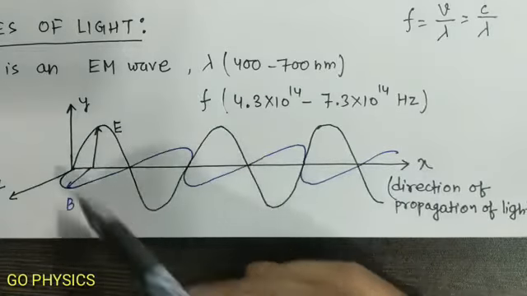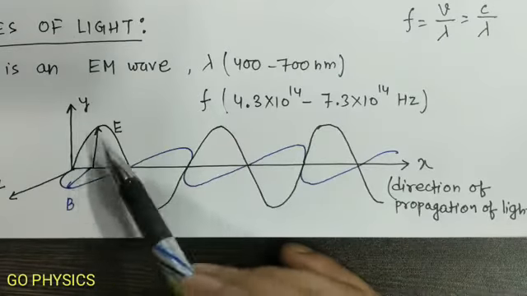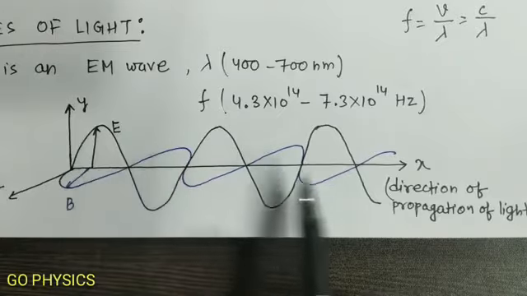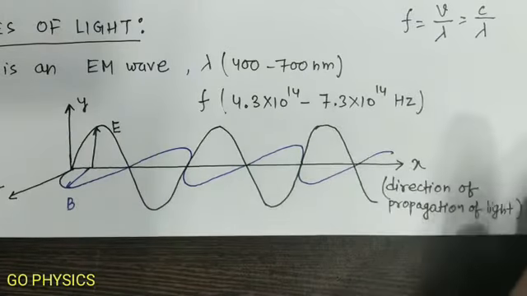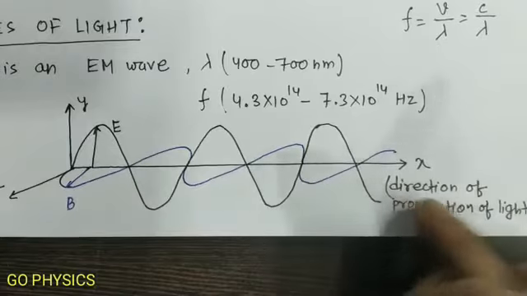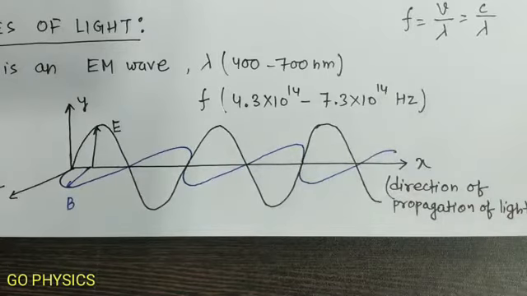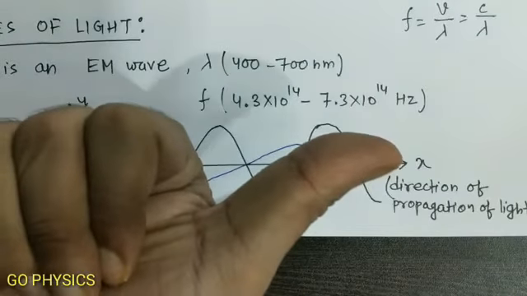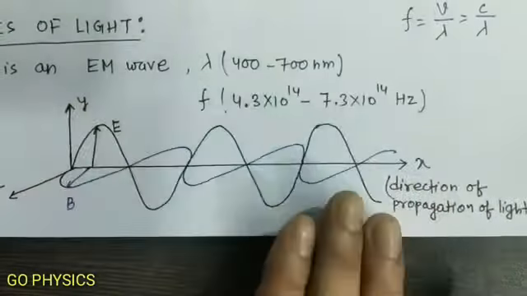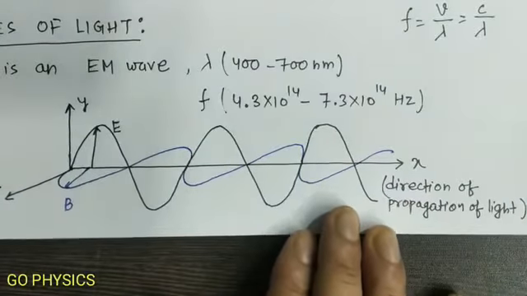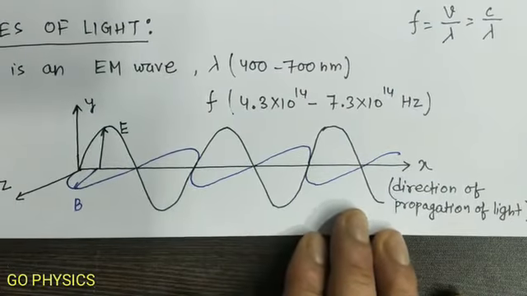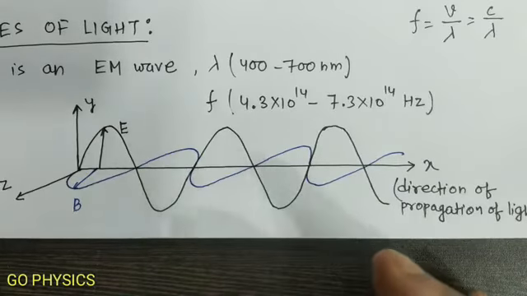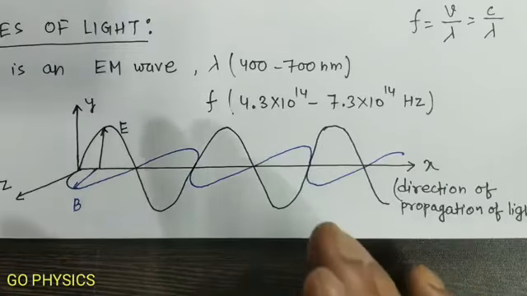Both electric field and magnetic field are perpendicular to each other, and they are also perpendicular to the direction of propagation of the light. The direction of propagation of light will be in the direction of E cross B, that is, it will move in the direction of the x-axis in this particular case. So light will have all those properties which an electromagnetic wave contains.